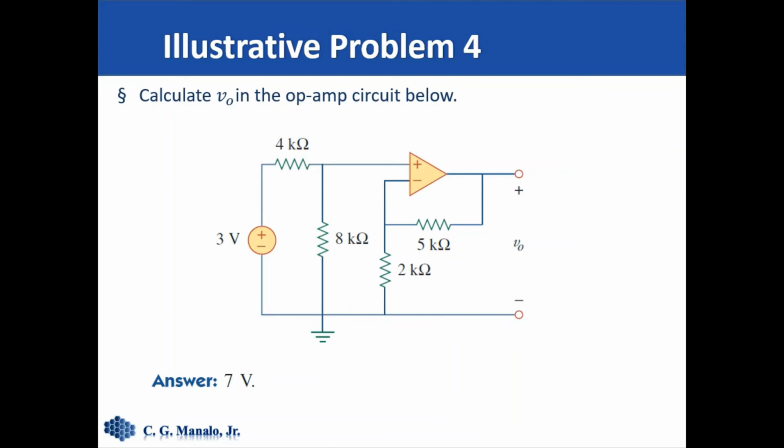Although we could probably say that this is a non-inverting amplifier because the input is connected to the non-inverting terminal via the 4 kilo ohm resistance. So what we can do is simplify the circuit first.